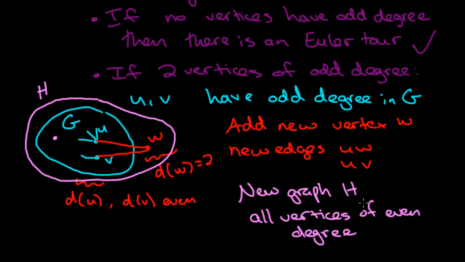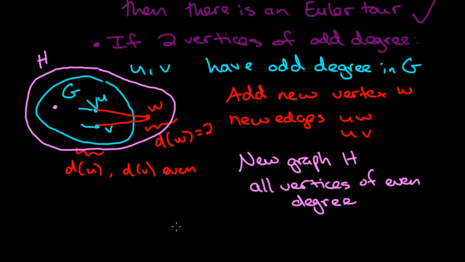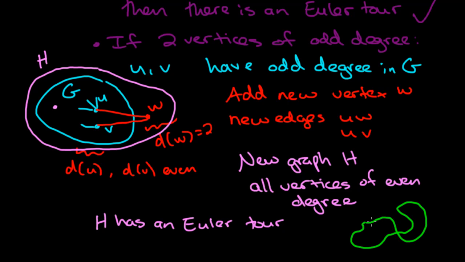Well, we already had the theorem which we saw earlier in this video that if all the vertices of a connected graph have even degree, then that graph will have an Euler tour. So we know that H has an Euler tour. Alright, so there is some Euler tour throughout this graph, and we can choose to start and end the Euler tour at W, because remember, an Euler tour is closed, so it goes around and it ends up where it started.